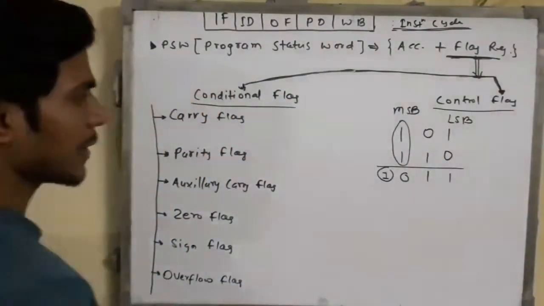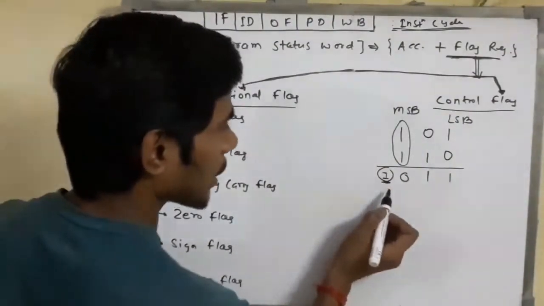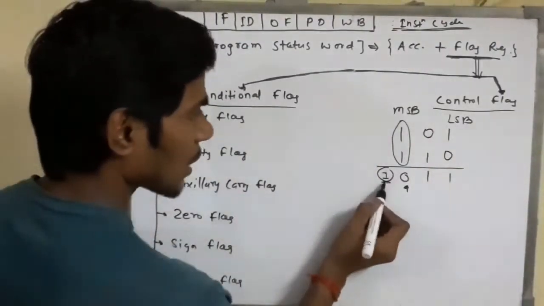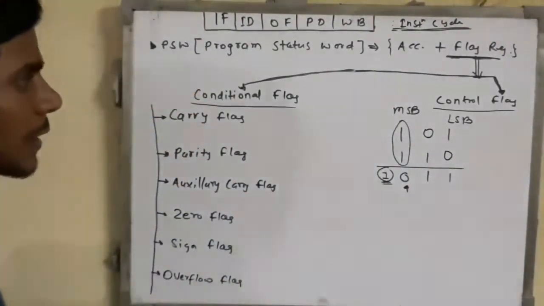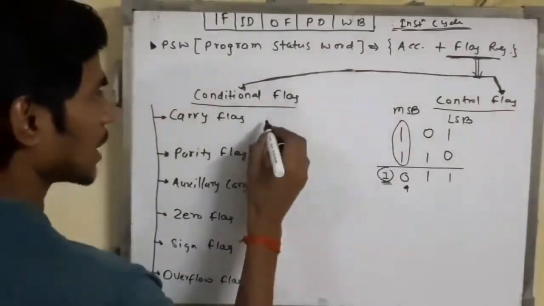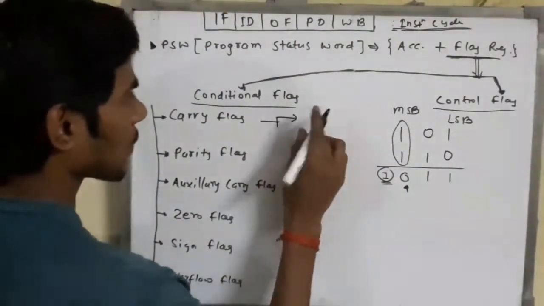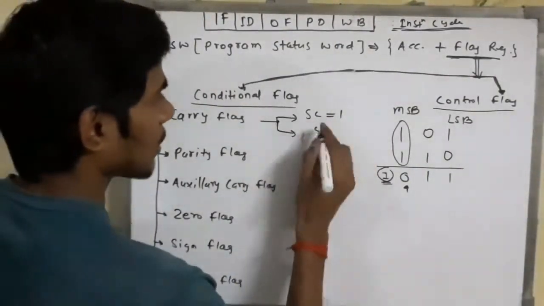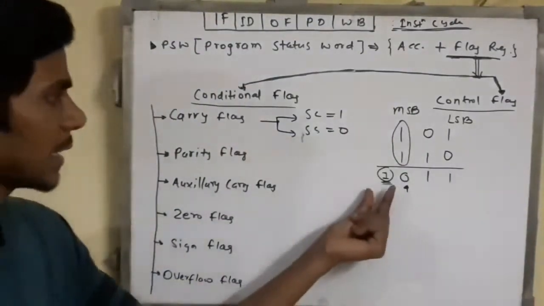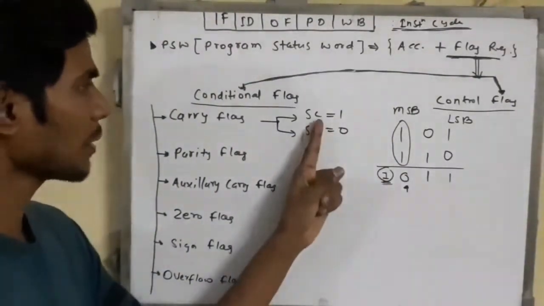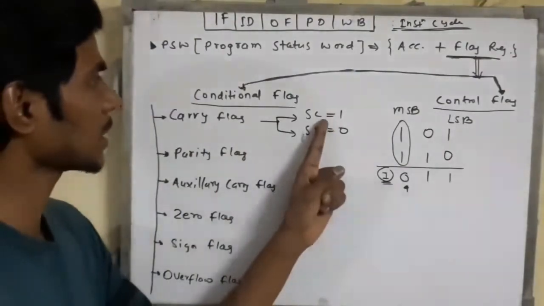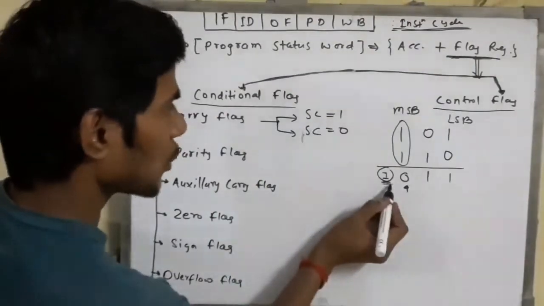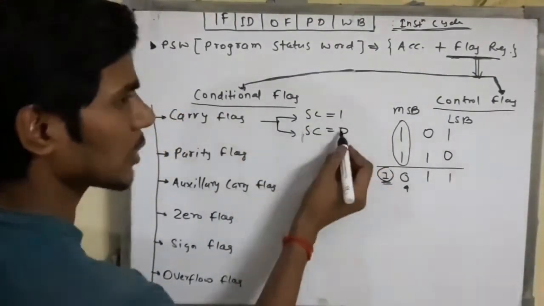If you get an extra bit out of the MSB, this is known as the carry flag. Then we will set carry to 1, otherwise set carry to 0. If there is an extra bit out of the MSB, carry will be set, meaning there is a carry present in the flag, and if there is no bit out of the MSB, then carry will be set to 0.